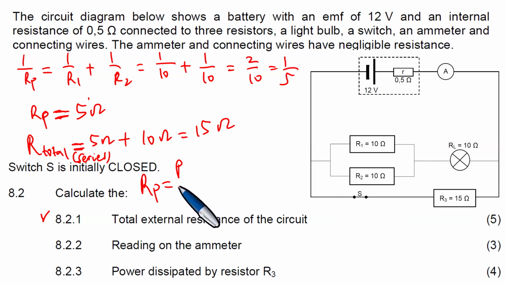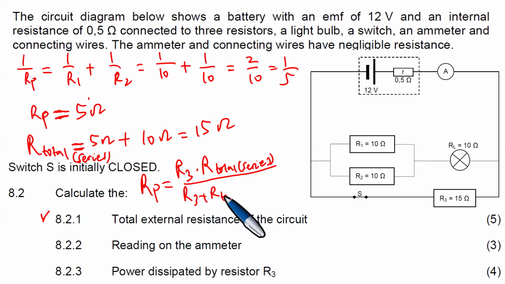You can call these, so you will have R3 multiplied by the total series, you divide by the R3 plus R total series.